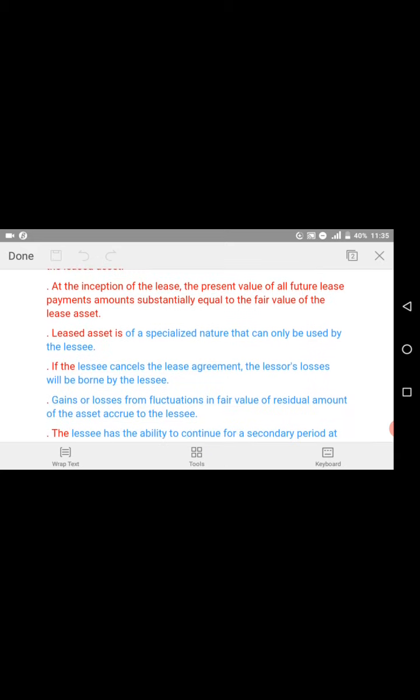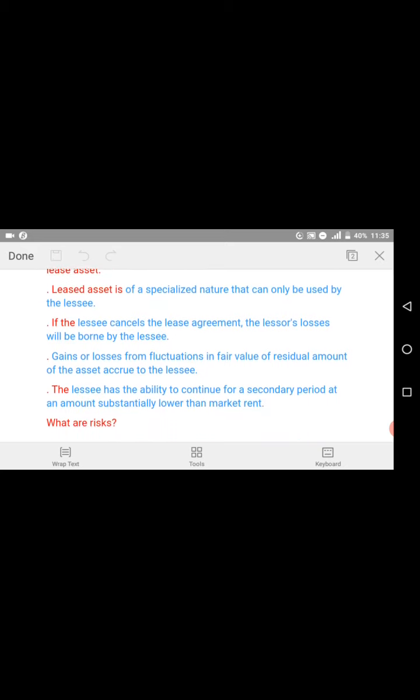Gains or losses from fluctuations in fair value of residual amounts of the asset accrue to the lessee. The lessee has the ability to continue for a secondary period, the option period, at an amount substantially lower than the market rents. That's the final way to identify them.